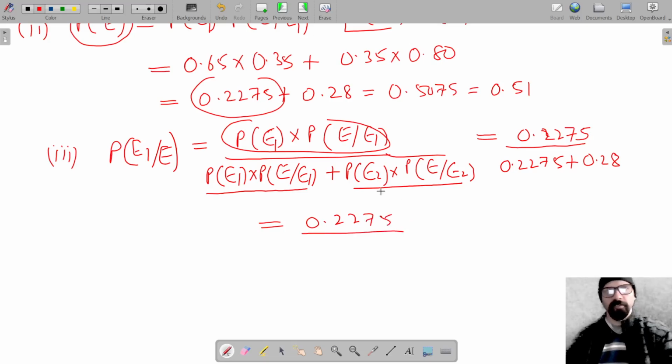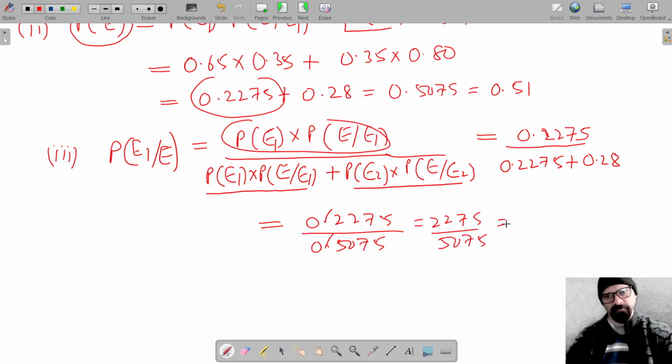So 0.2275 upon, if I add them, this comes to 0.5075. And if I divide them, 2275 divided by 5075 is equal to 0.448.